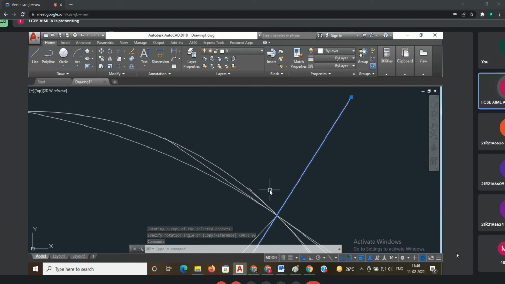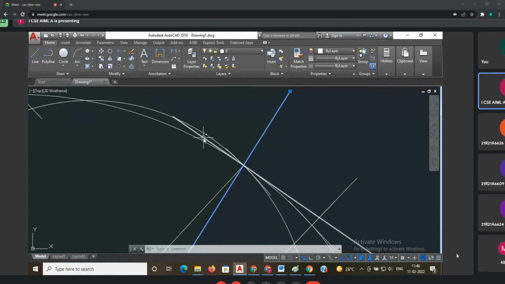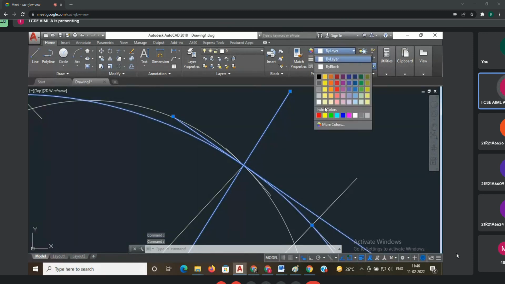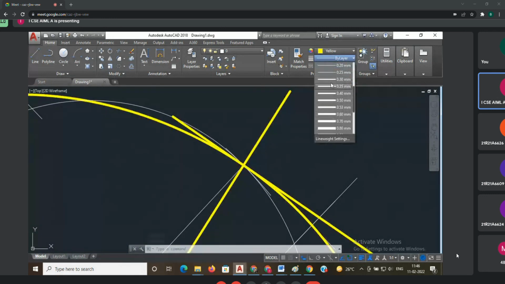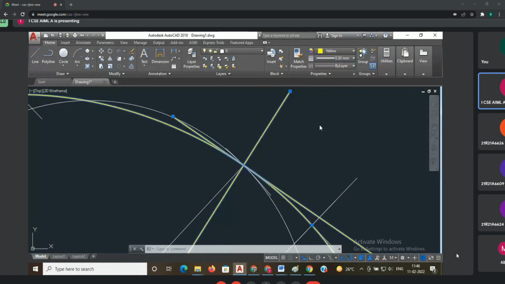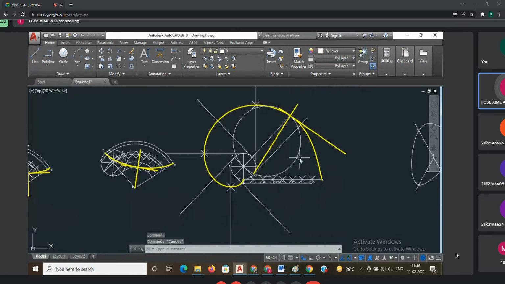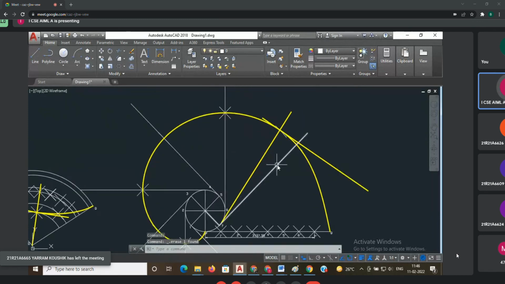This is your tangent, and this is your curve. Change the color and bylayer. Now, if you want, you can erase this circle and this line. Now this is your tangent and normal.